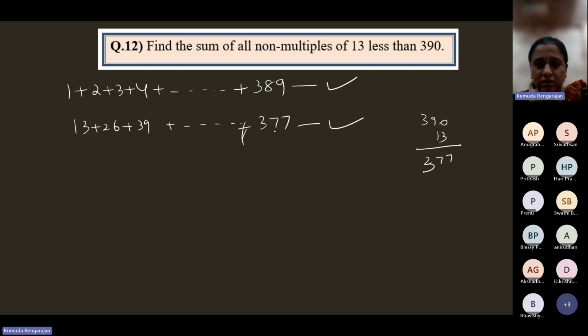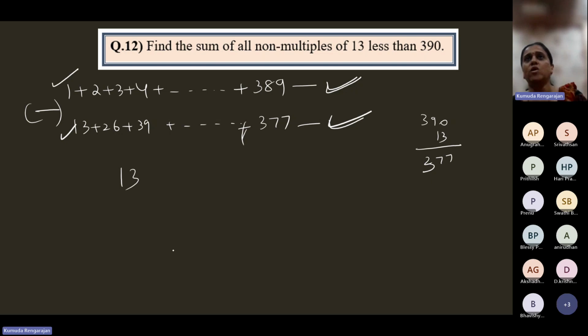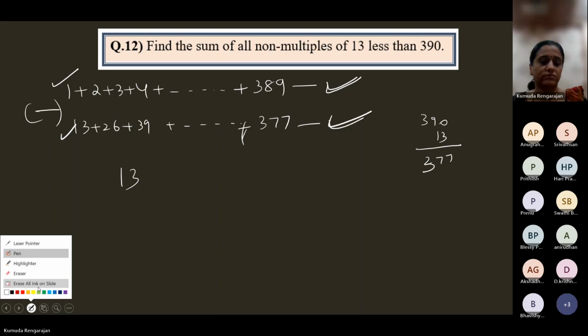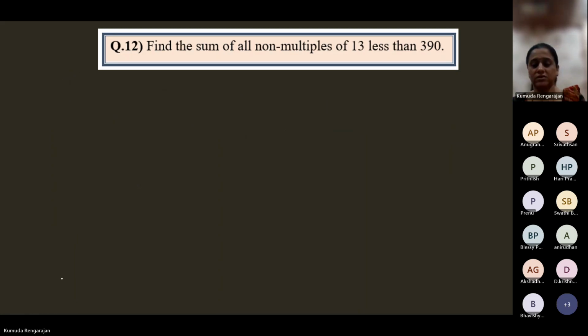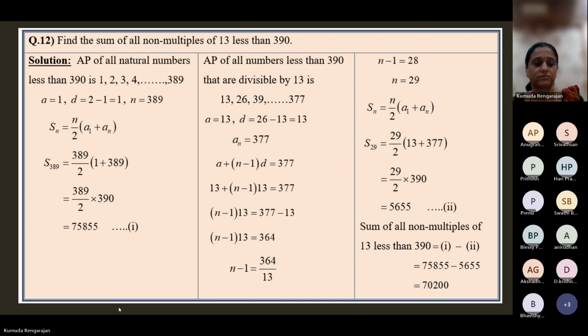The difference, this answer minus this answer, will give us the sum of all the non-multiples of 13, because the sum of all the numbers minus the sum of the multiples will give you the sum of the non-multiples. Yeah, please work.